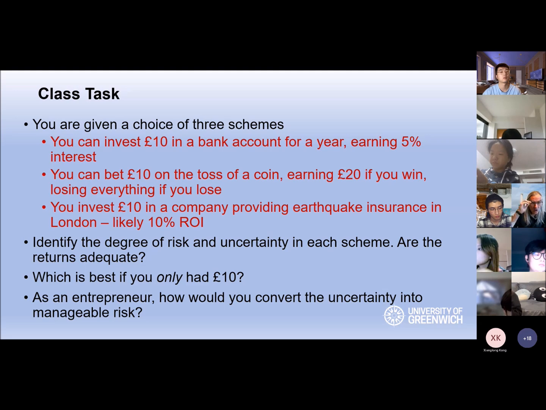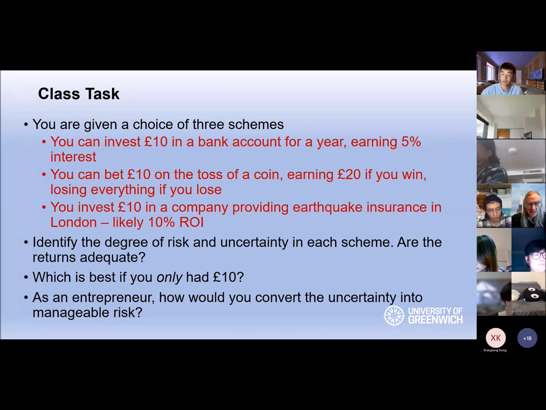So I've got three options here. £10, British currency. So you've got £10 and you can put it into a bank account for a year and it earns 5% interest. So in a year's time, you will have £10 50 pence, I do believe.